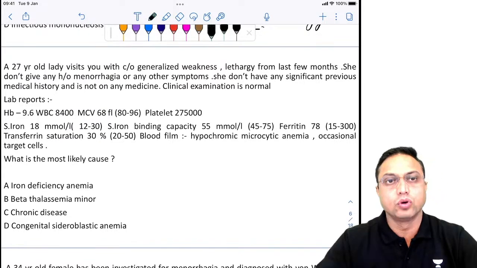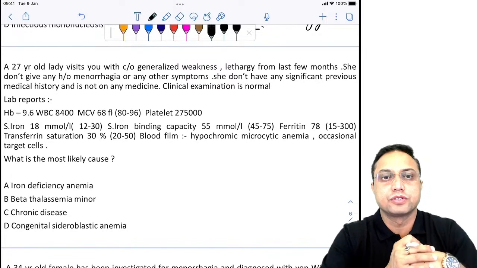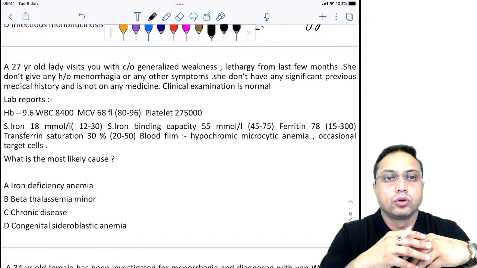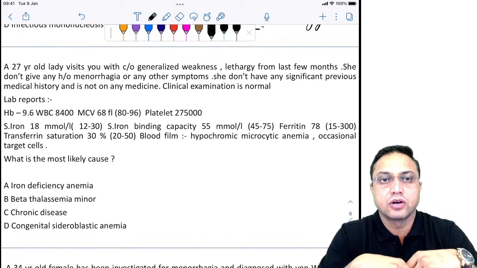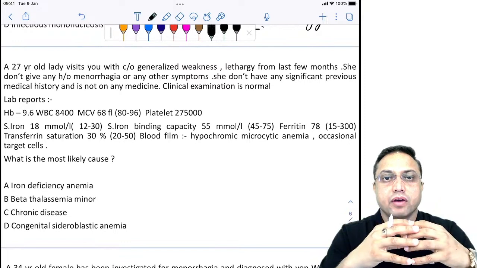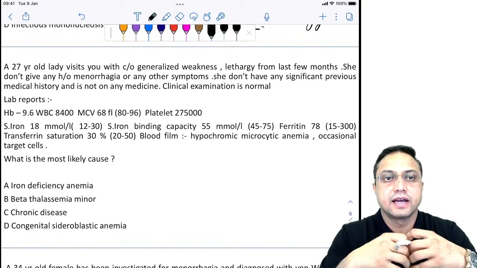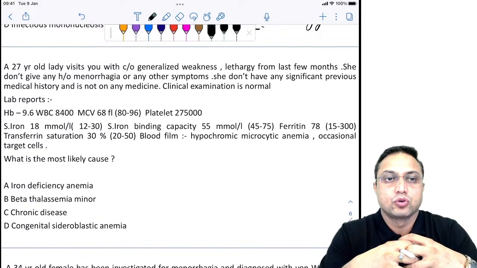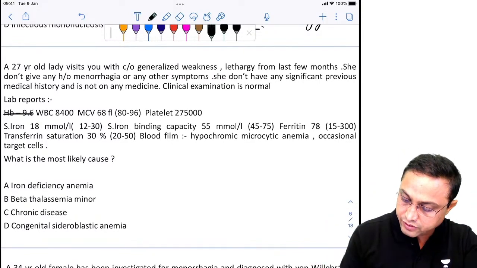A 27-year-old lady visits you with complaints of generalized weakness and lethargy from the last few days. She doesn't give any history of menorrhagia or any other symptom. She doesn't have any significant previous medical history and is not on any medicine. Clinical examination is normal. Lab report shows the patient is having anemia, first of all.